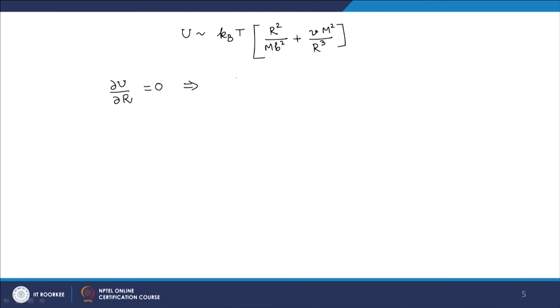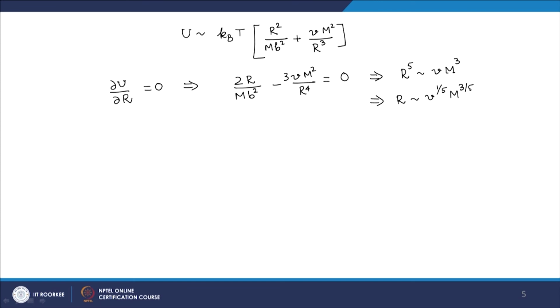which gives me this, and if I solve this, again dropping the prefactors, what I get is r to the power 5 scales like v m to the power 3, and so r scales like v to the power 1 by 5 m to the power 3 by 5.